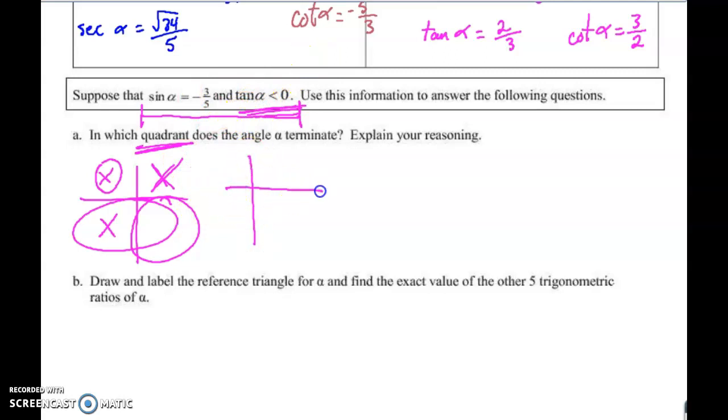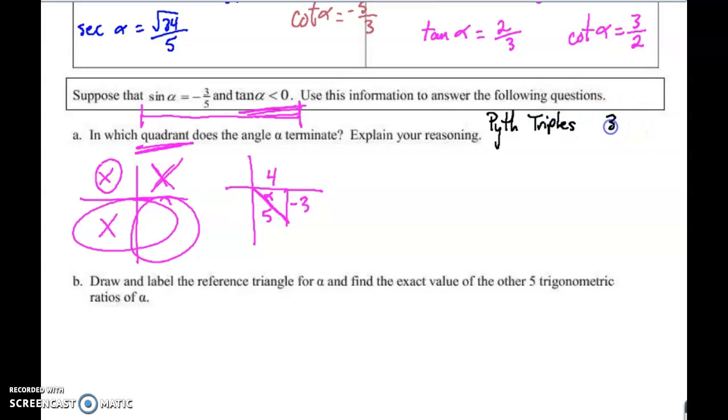So let me draw that picture. If sine is opposite over hypotenuse, and right here is alpha, we'll make this -3, and the hypotenuse would be 5. If you do the Pythagorean theorem, you'll get 4 over here. I'm not sure how much you learned in geometry, but there are things called Pythagorean triples that show up over and over again.